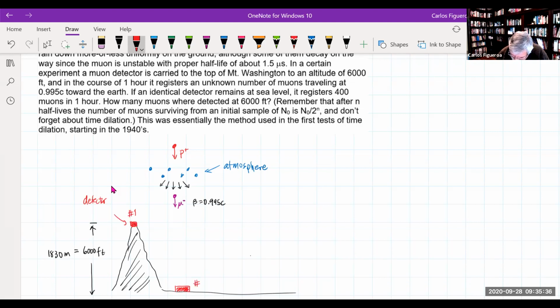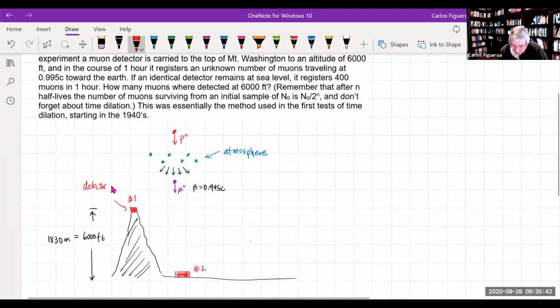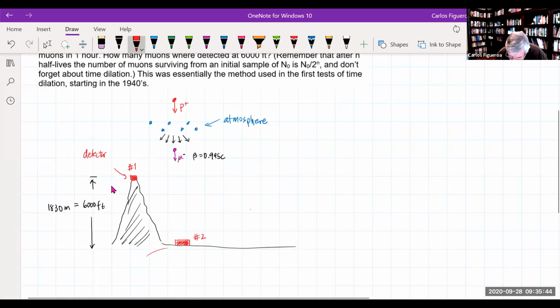I'm going to call that detector number 2. So here we go. The picture is that we have these detectors, and what they're essentially doing is detecting the number of muons at detector 1, and then comparing the muons at detector 2.